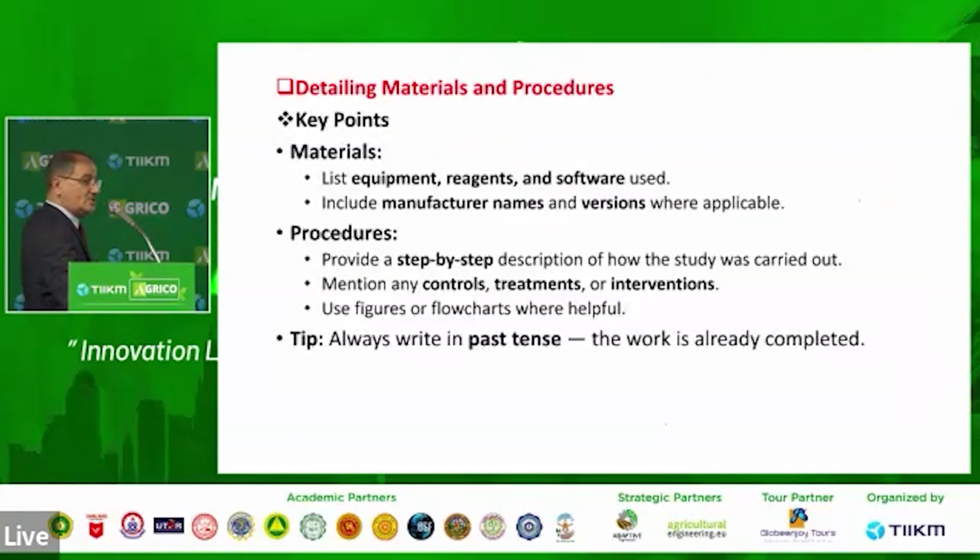Also equipment: you say, well, I used HPLC, but what HPLC and what kind of column? Because if I'm going to go back and repeat your experiment, then I have to be familiar with how to do it step by step, and everything has to be clear with the control, with the treatments, with the intervention, with everything which was in the experiment.